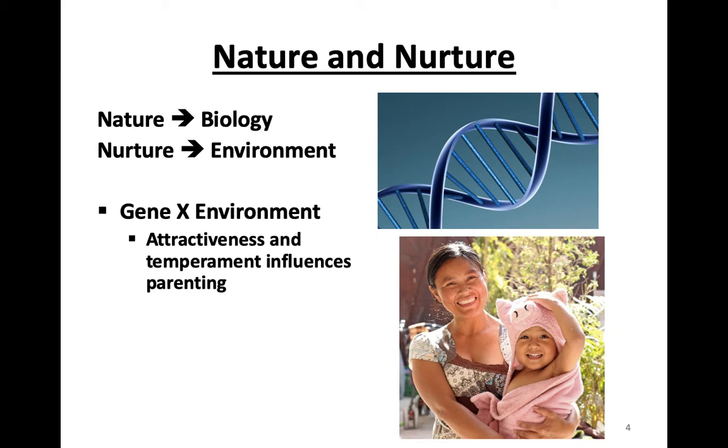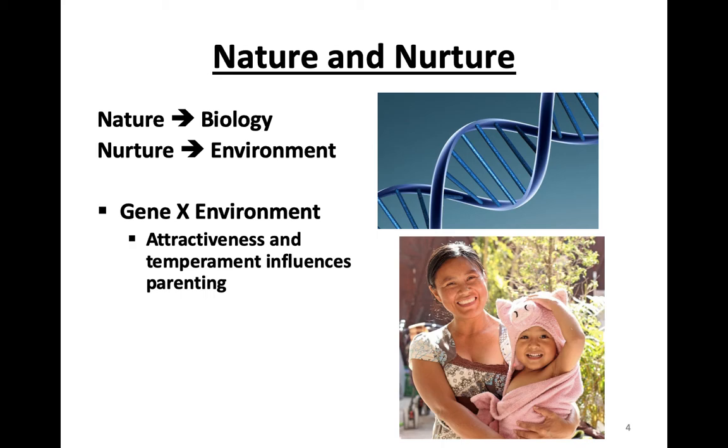So some babies are calm, other babies are fussy. These are things that I'll actually discuss in the next lecture, but there's strong reason to believe that there is a heritable genetic basis for temperament. And of course we know that there is for attractiveness, that is what a child looks like.